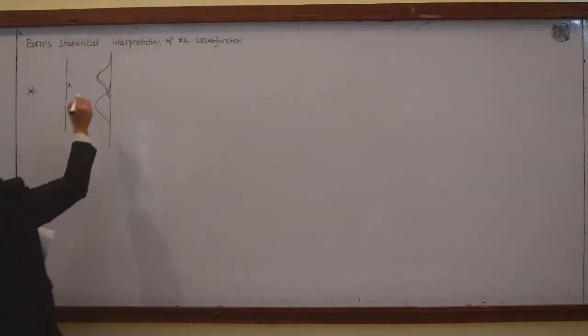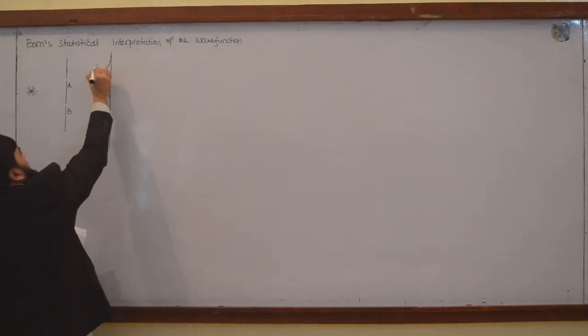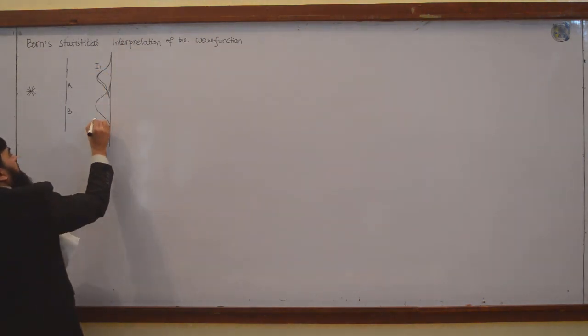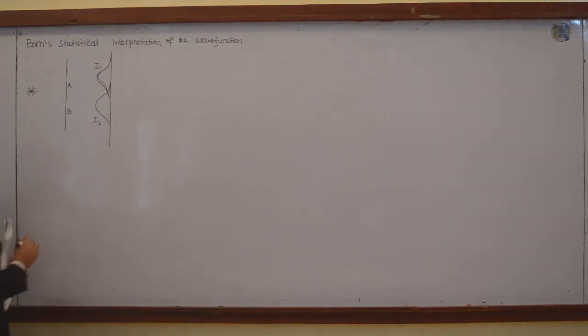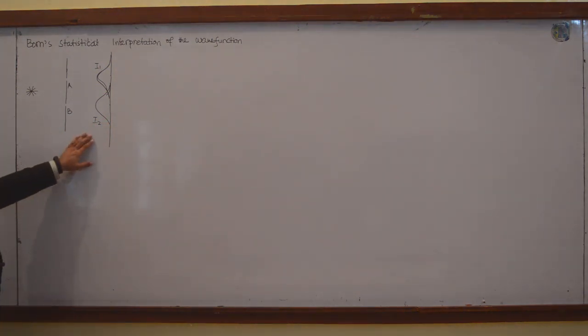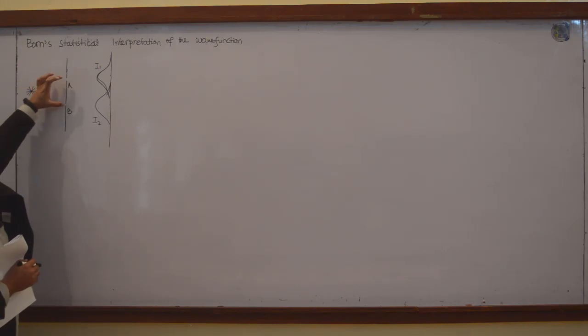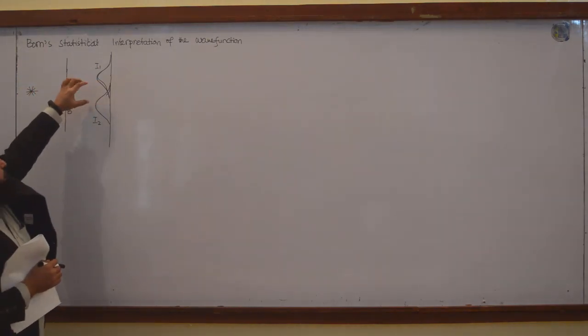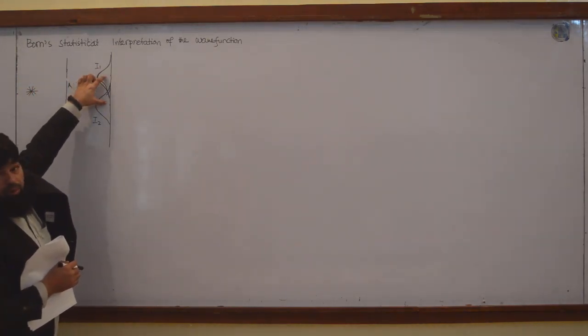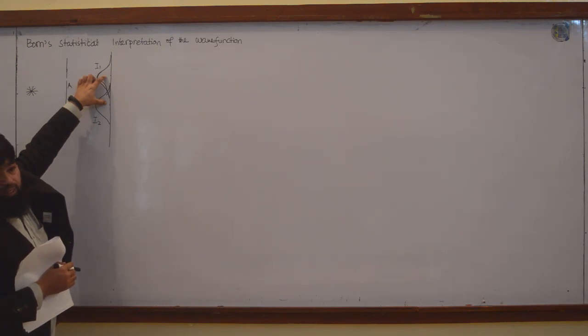This I will call intensity 1 and this one intensity 2. Now when both of the slits are open, what will be the result? When both slits are open, particles will go through both of them. It means it will be the sum of this and this.